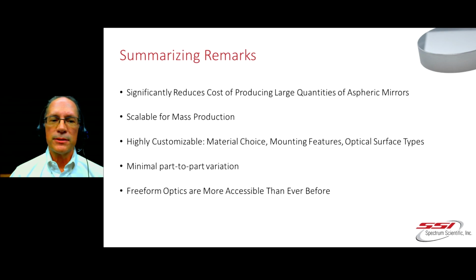Inherent in the process is minimum part-to-part variation. With these really exotic optics, if you had to make all originals or in batches, the batch-to-batch variation is usually noticeable. With the replication process, it's virtually indistinguishable. So we believe that for all these reasons, it makes freeforms more accessible than ever before.